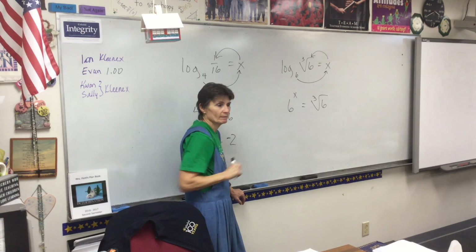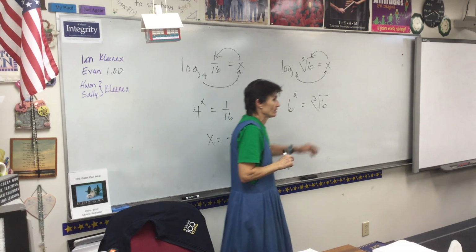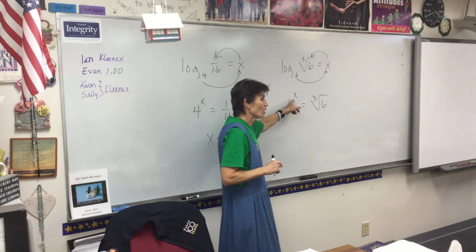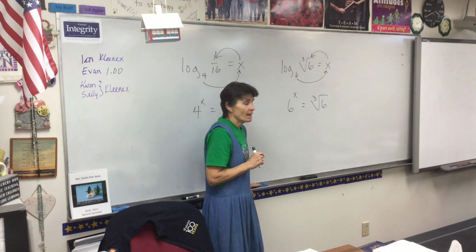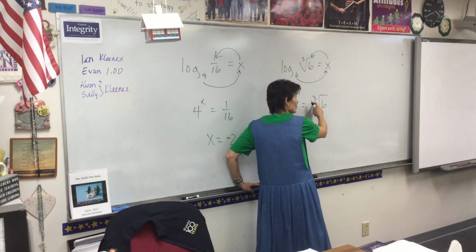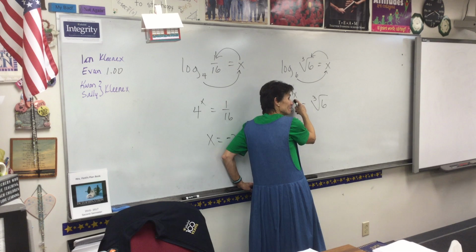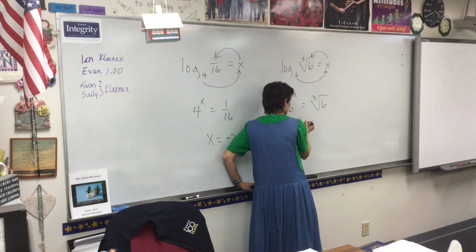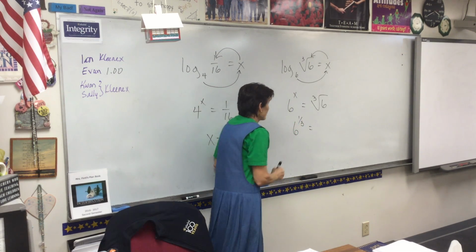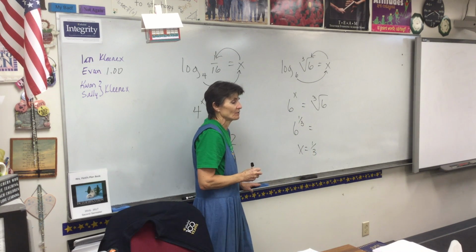M, P, J, whatever letter you want. Now wait, I got a radical here. What kind of exponents give me radicals? Fractions. And if this is a cube root, that has to be a 3 in the bottom. And I didn't change the 6 at all, so would you think that's 1/3? So the answer to the problem is 1/3. The exponent is 1/3.